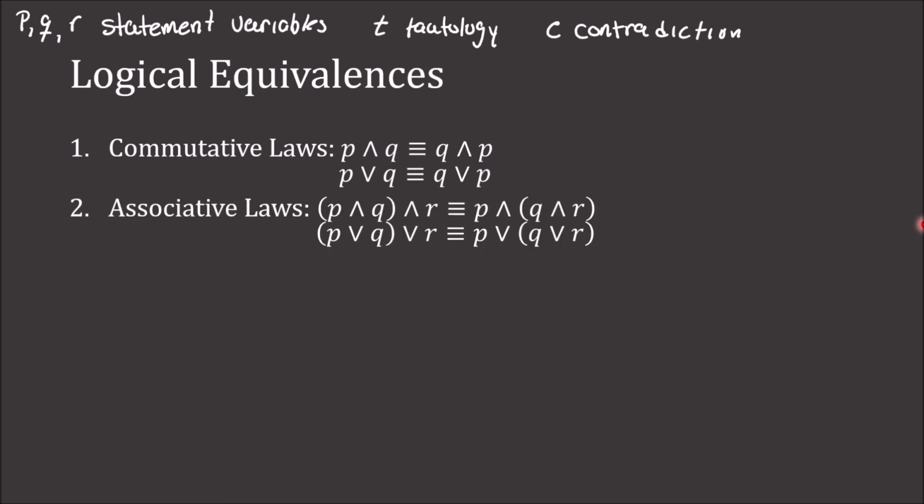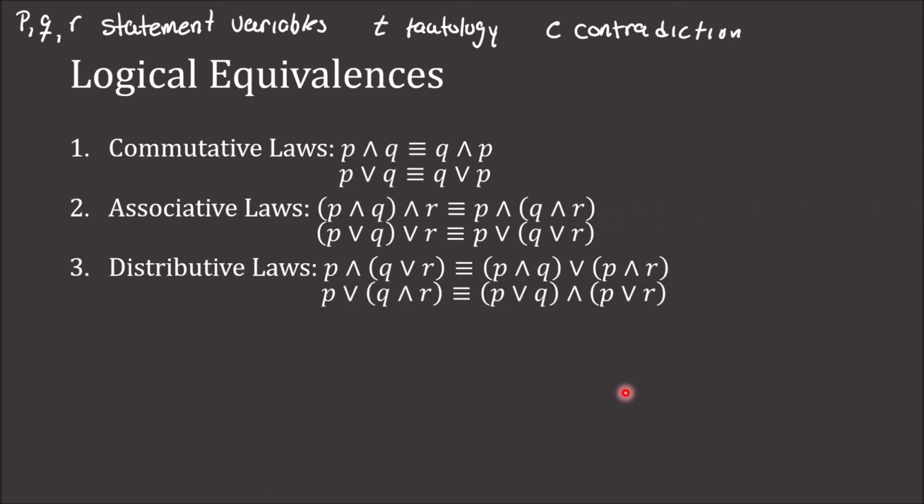Next up, we have the associative laws. The grouping (P and Q) and R is logically equivalent to P and (Q and R), and likewise for disjunction. So this says as long as your logical connectives are all the same, your grouping does not matter.